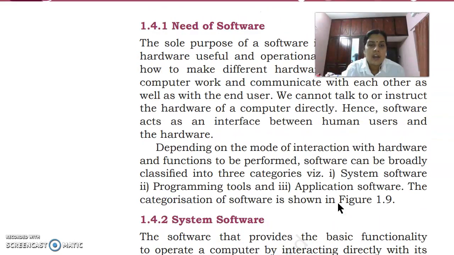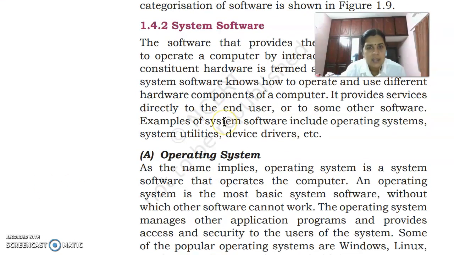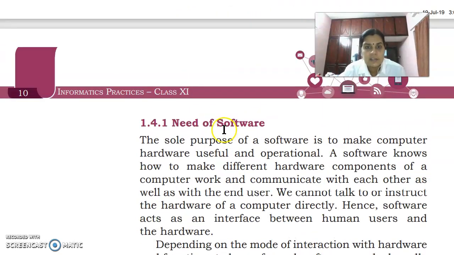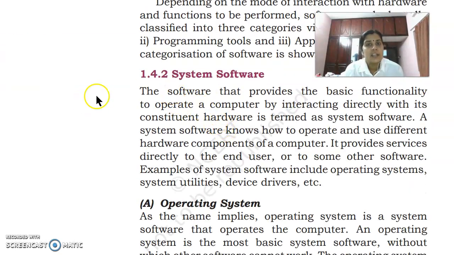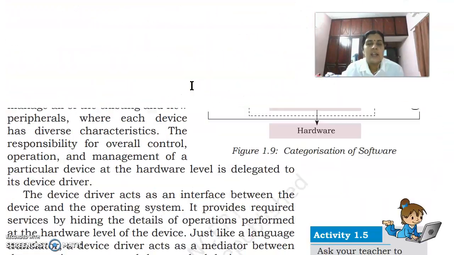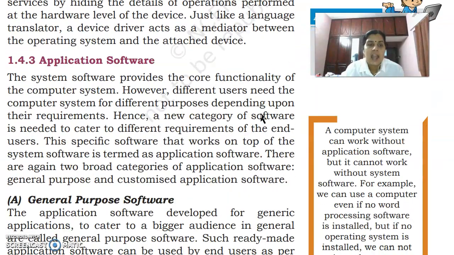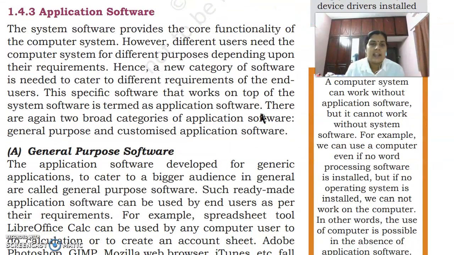So we covered system software, which is the first classification of software. The second is application software. In system software, the operating system, system utilities, and device drivers are there. In application software, some general purpose software are there.